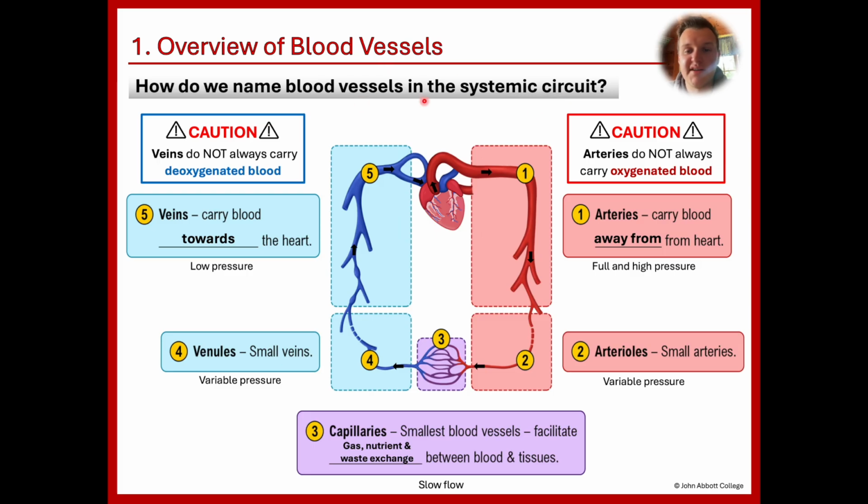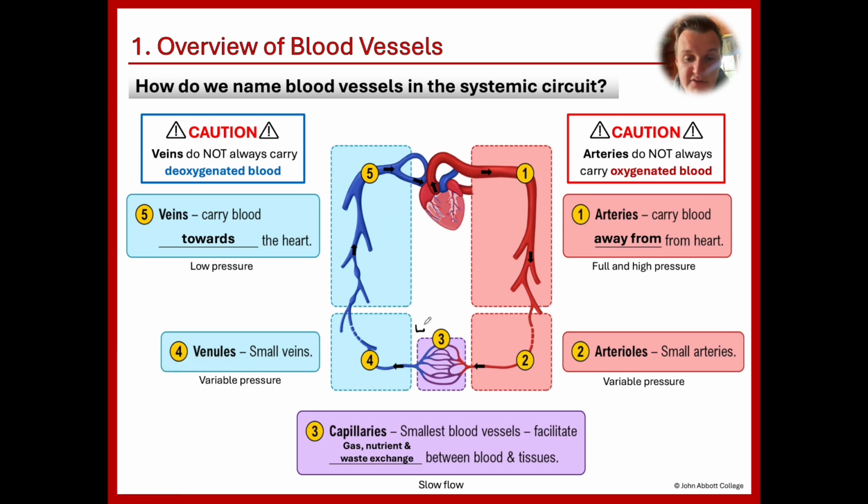How do we name the blood vessels in this circuit? Arteries carry blood away from the heart. So here we would call this an artery. As we get smaller, we call these arterioles. These are the smallest arteries, right? And then we get to the capillaries. These are the smallest blood vessels, and they facilitate gas, nutrient, and waste exchange between here and whatever cells are around.